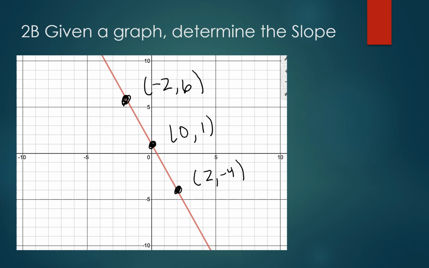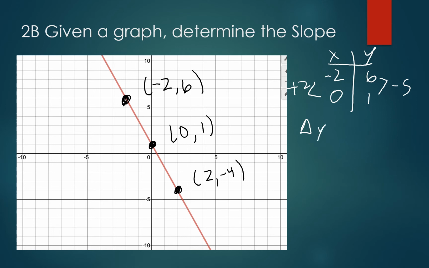Now I put 3, I only need 2. I'm gonna go ahead and make a table. So from -2 to 0, that went up 2 units. From 6 to 1, that went down 5 units. Change in y divided by change in x gives me -5/2.